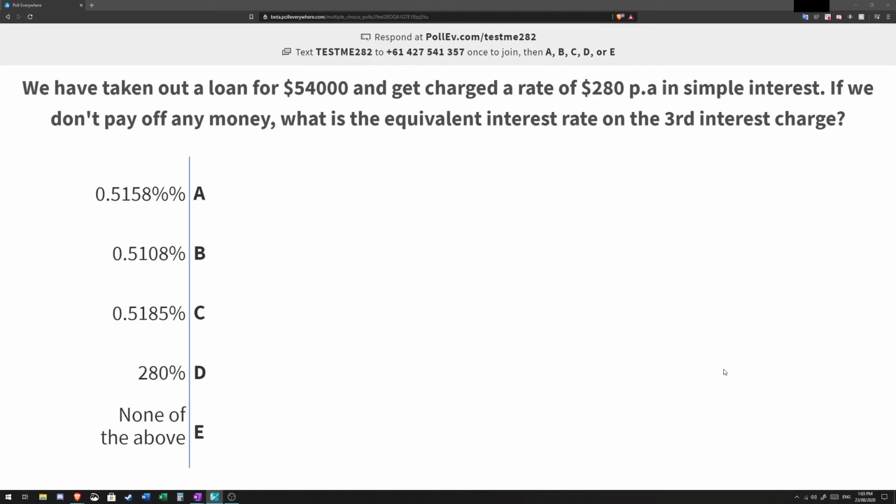All right, we'll get moving. I'll give you guys another 30 seconds. I'm just working it out on a second screen because I thought I changed that to the fourth interest charge.